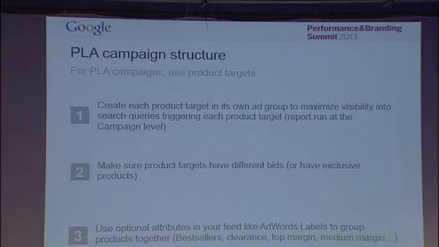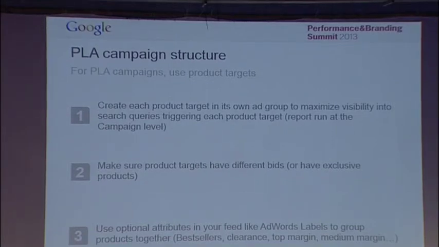So just to recap, to create product targets, make sure you have one ad group per product target. The main reason for this is that you can have stats just for this, and also you can run the search query report and see what queries the users type to trigger products in that segment.